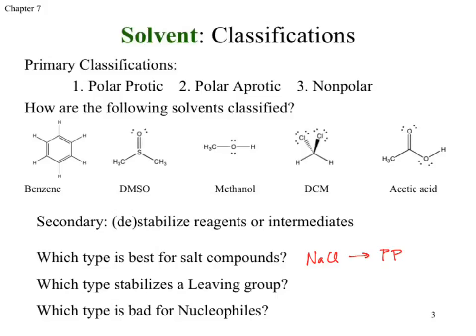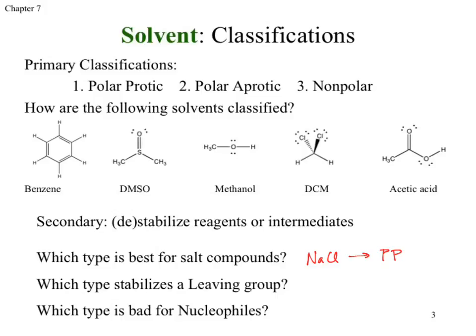Which type is going to stabilize a leaving group? It's a little bit trickier question. What is a leaving group? Let's first deal with a leaving group. What's our leaving group going to do? It has to leave the structure, and by leaving the structure, what is it doing with the electrons? It takes them.